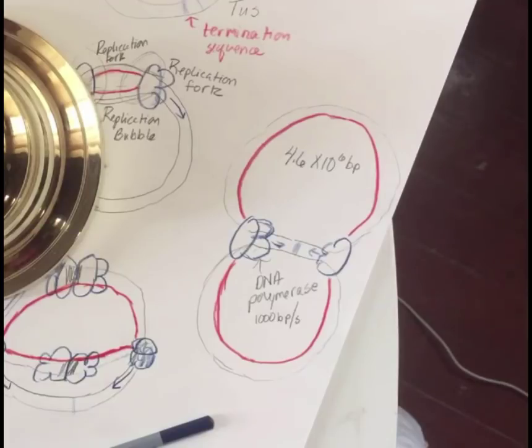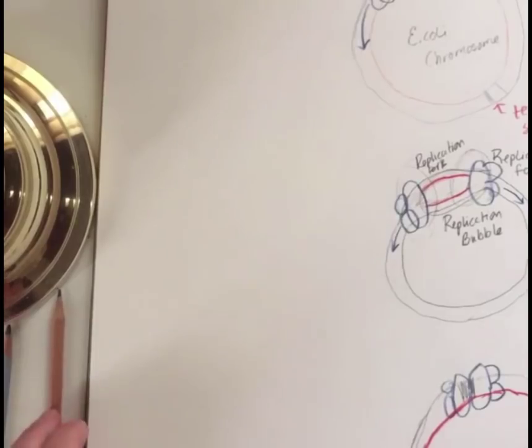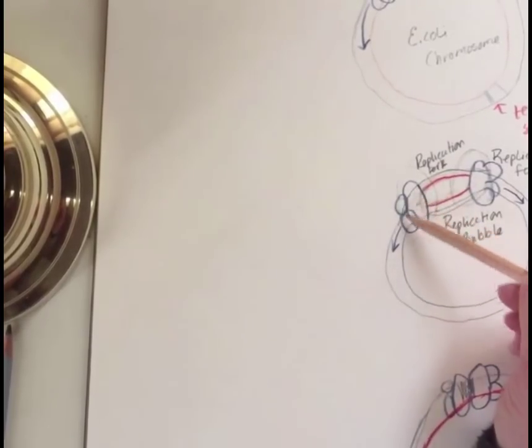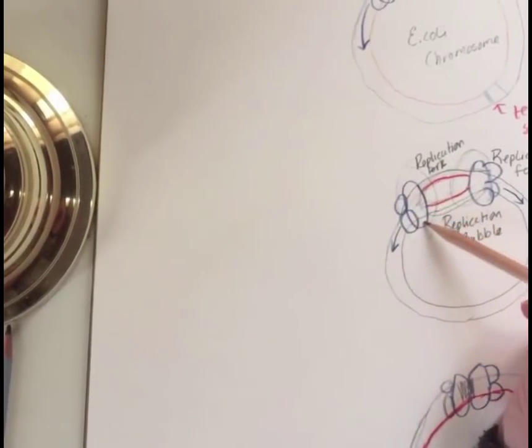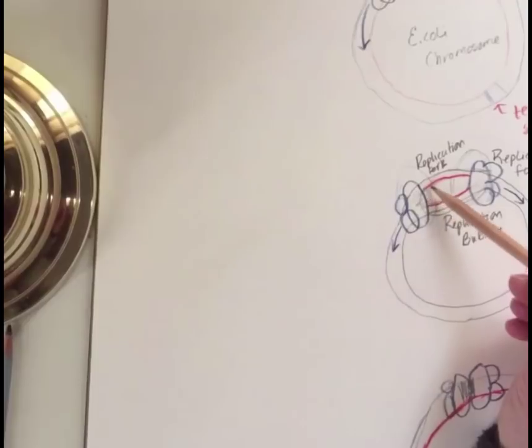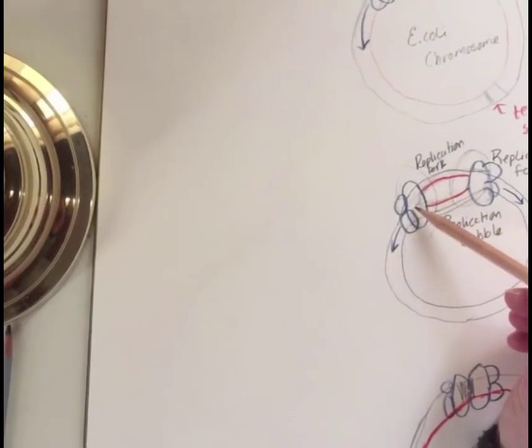Okay, we need to talk a little bit more about the E. coli DNA polymerase. Now, in order to talk more about DNA polymerase, we need to zoom in. So DNA polymerase is one of the enzymes in the replisome, one of a multi-enzyme complex. And I want to literally zoom in on one region of the replication fork, and I just want to look at this one region.